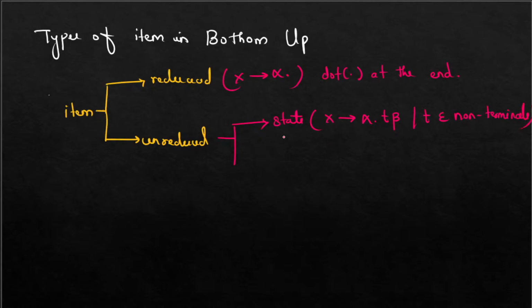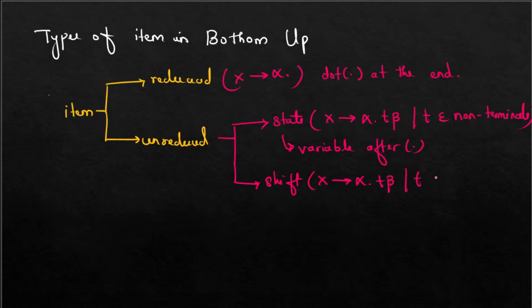Then there is shift: X deriving alpha dot t beta, where t belongs to terminals, so a terminal after the dot.